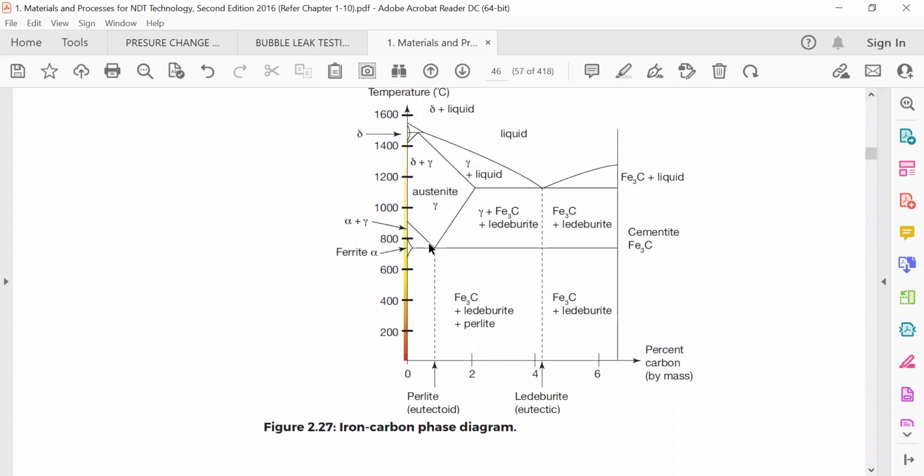So this is AC3, this is AC3. AC3 is the upper critical temperature. The lower critical temperature is this one, 723 degrees, 750 degrees centigrade. The upper critical temperature on this side is around 850 to 950 degrees centigrade.